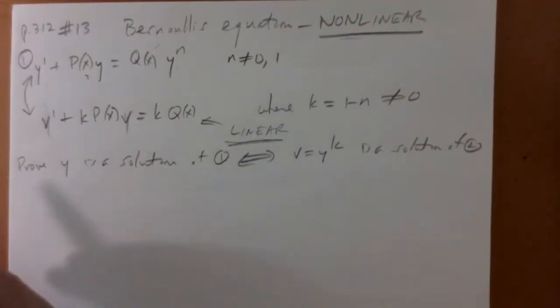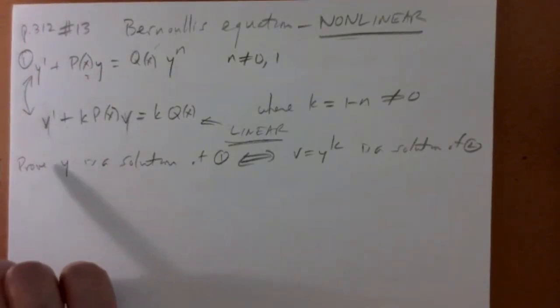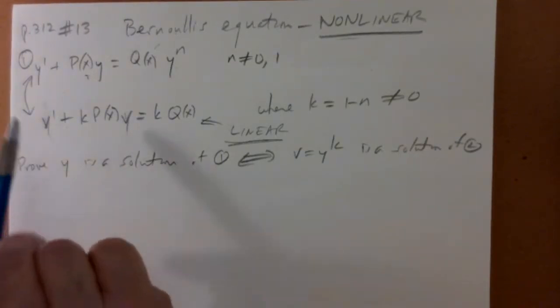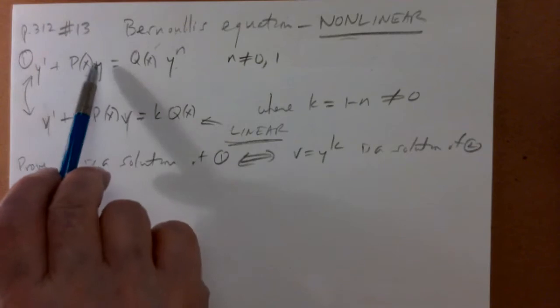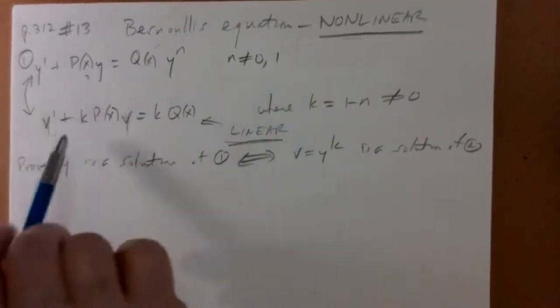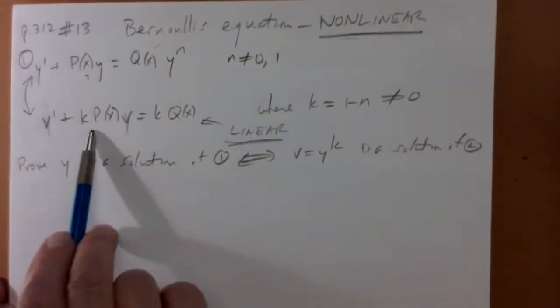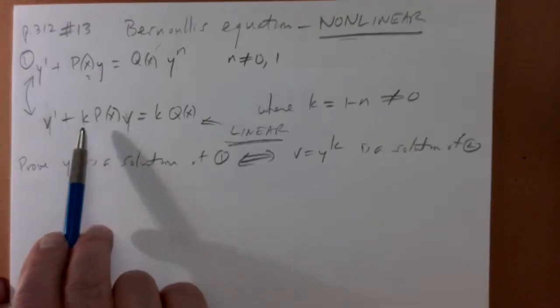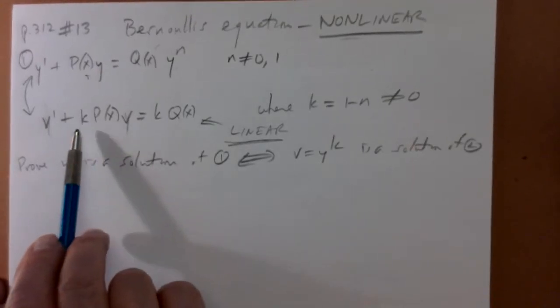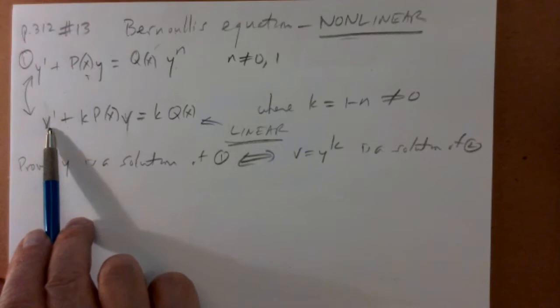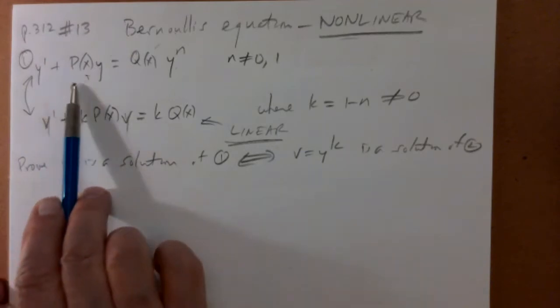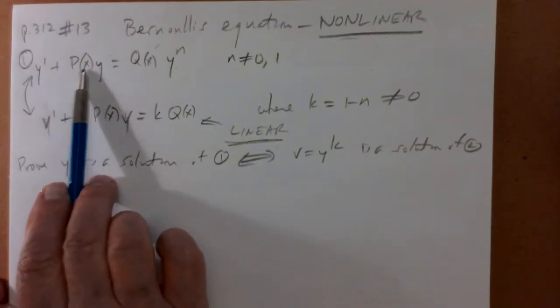Okay. So what we have to prove is the following, that if y solves this equation, then v equal y to the k solves this equation. And conversely, if v solves this equation, then the kth root of v solves this equation.